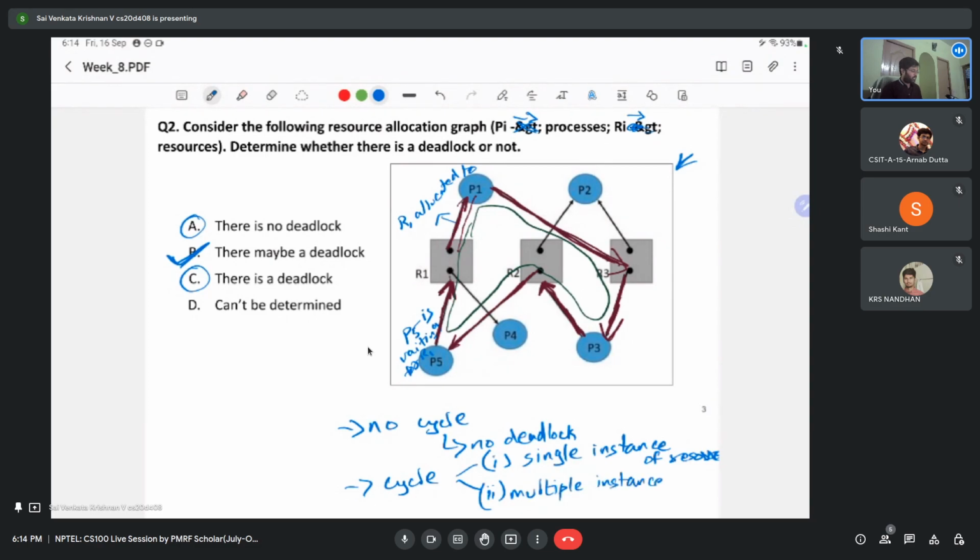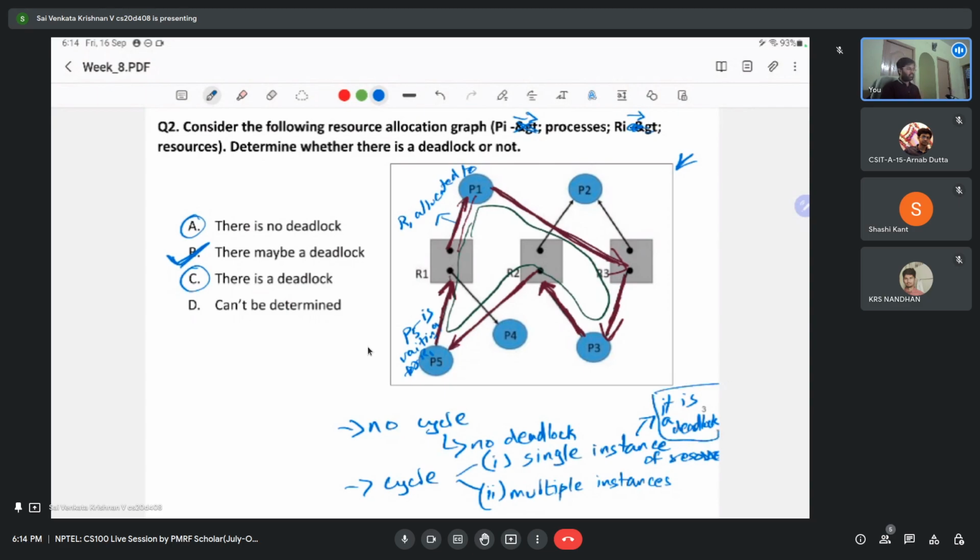If a cycle is there and everything is single instance, so only one instance of each resource is present in the system, and the cycle is forming, then it's a deadlock for sure.